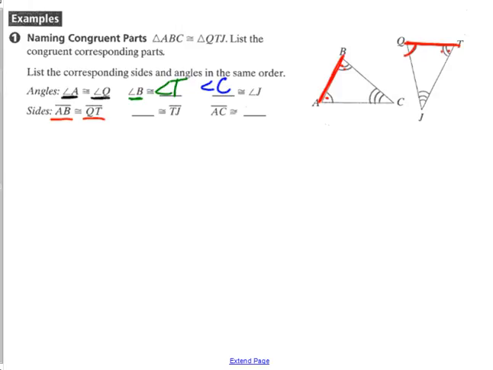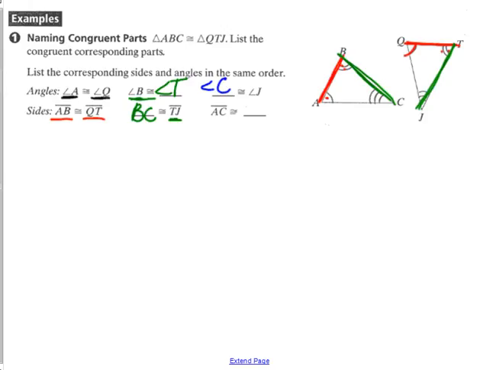So TJ. If I look at TJ, it's got 2 tick marks up here to 3. So 2 to 3. Well, that's this one right here, 2 to 3. So that's going to be BC. So BC is congruent to TJ, segment TJ.